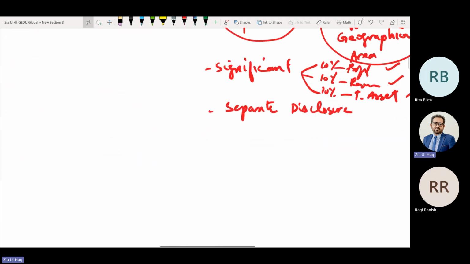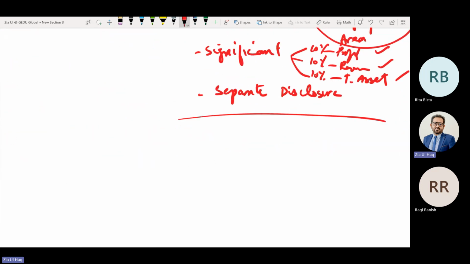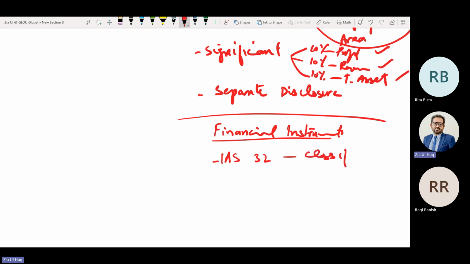Relating to financial instruments, we have 3 accounting standards. One is IAS 32, relating to classification of financial instruments.